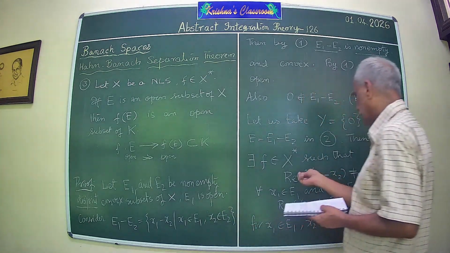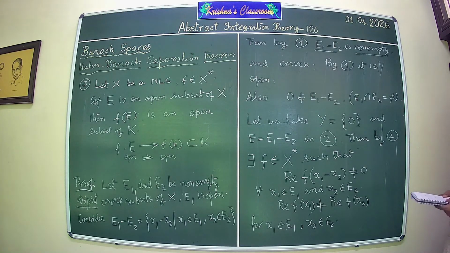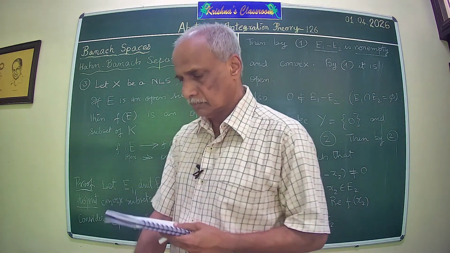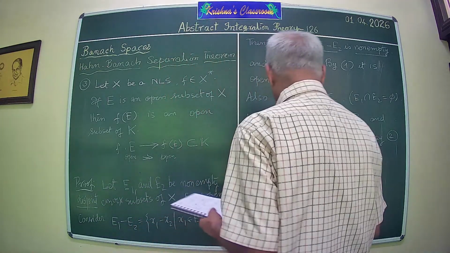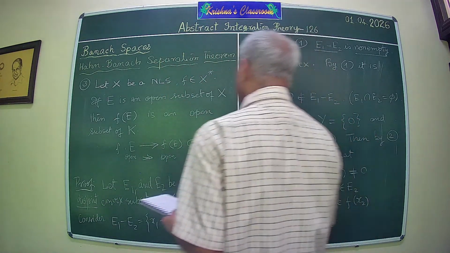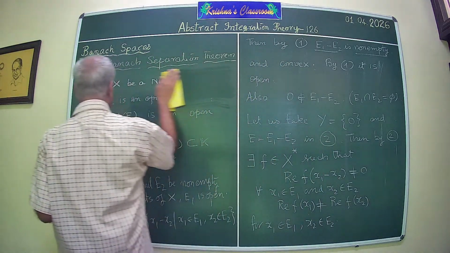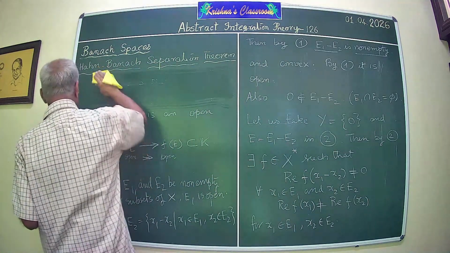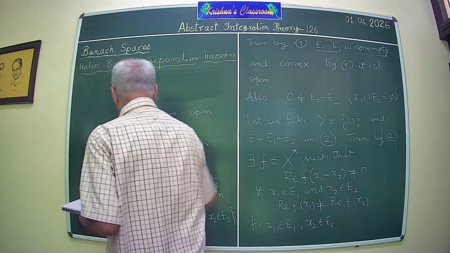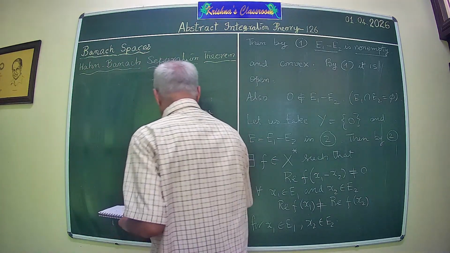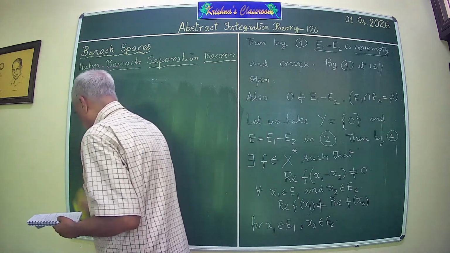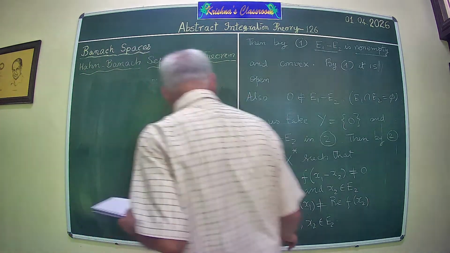This is just using the fact that f is linear. What is the implication? The implication is that these subsets are disjoint. I mean, they are subsets of either the real line or the complex plane, but they are subsets of the real line.